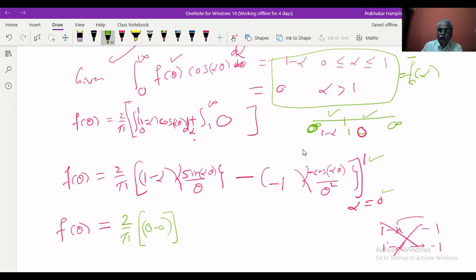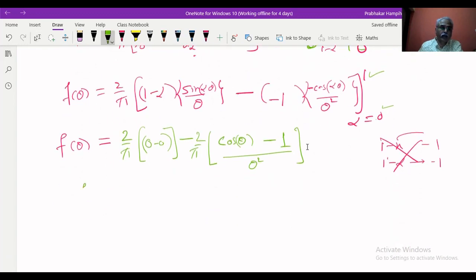For the second term, 2 by pi with three minus signs makes minus 2 by pi, upper limit alpha equal to 1 gives cos of theta, minus the lower limit alpha equal to 0 where cos 0 is 1, over theta square. So it is 1 minus cos theta over theta square. Since we are asked to find f of theta, 2 into 2 gives 4 by pi square, 1 minus cos theta divided by theta square, is one answer.